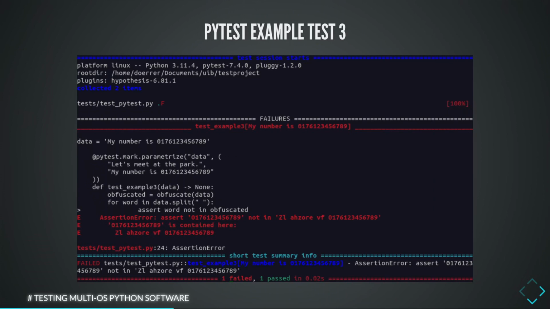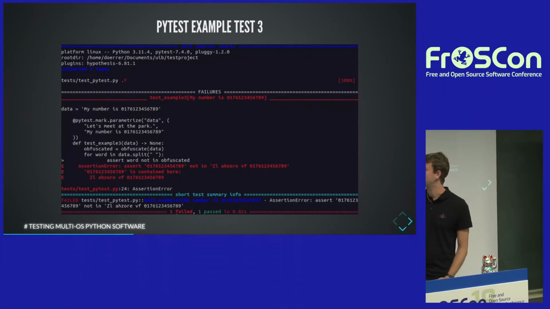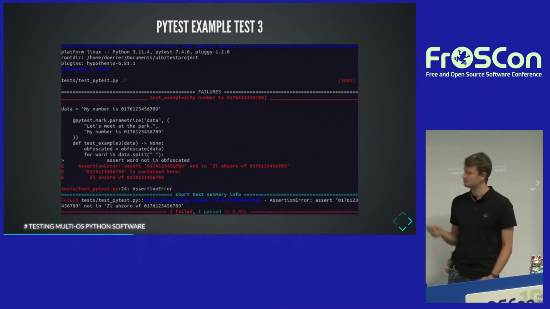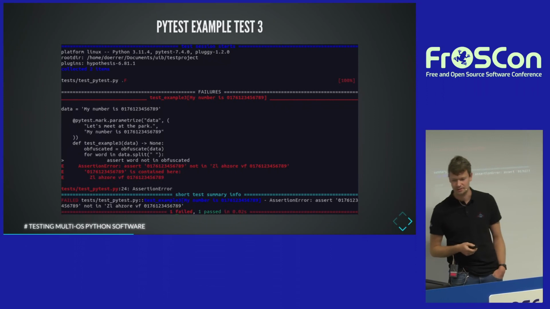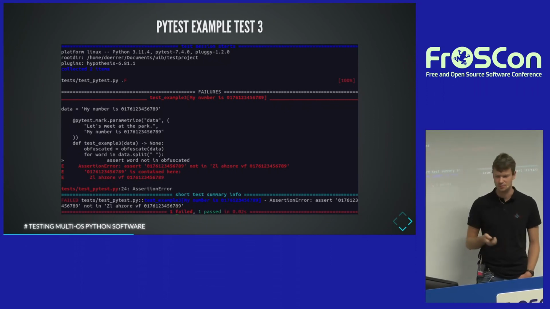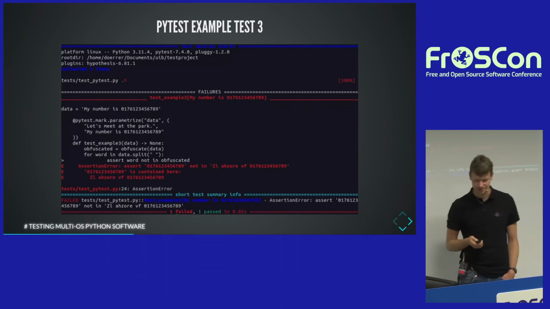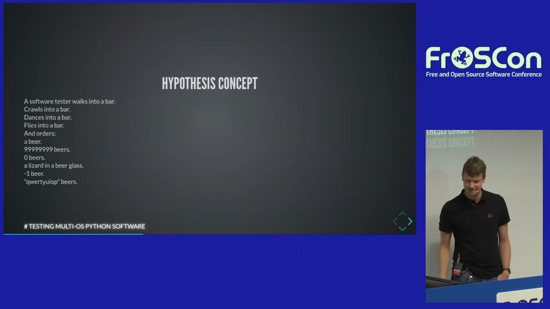So here we have the failed test, and we can use the information here to think about how we could improve our obfuscation function, or at least we get information we need for debugging the problem in any way. And there you see that you should not use this obfuscation, maybe not even for love letters.